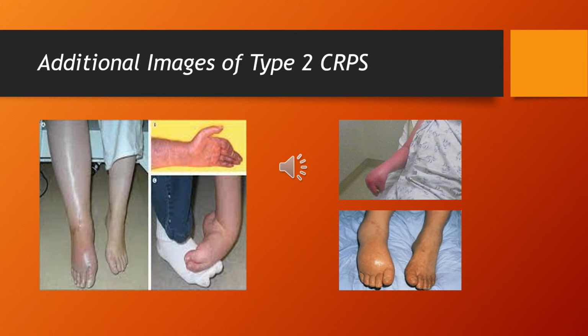And finally, CRPS-related dystonia, left ankle and the foot, the plantar flexion, the inversion of the ankle, the flexion of the toes, edema, increased hair growth are all visible. If we take a look at the individual on the right, we have a flexion contracture of the right arm or right upper extremity.